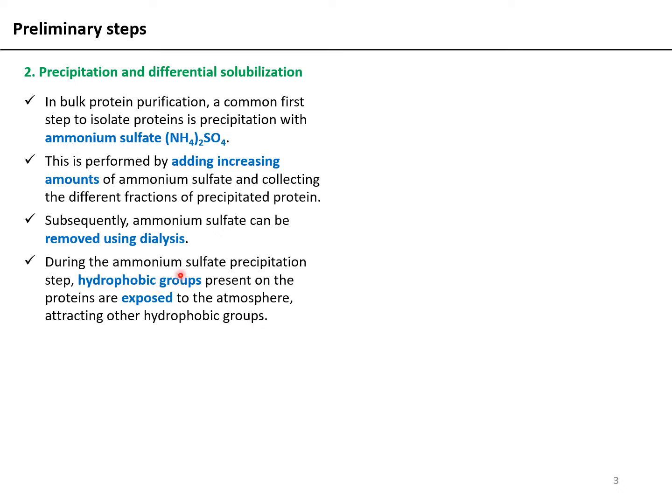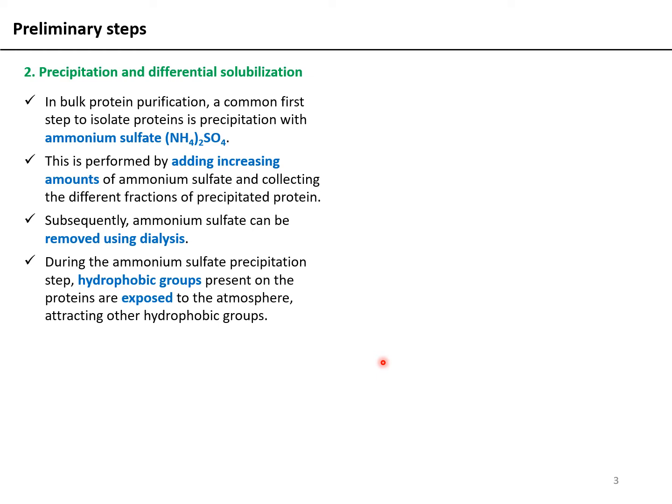Now during the ammonium sulfate precipitation step, hydrophobic groups, that is the water hating or water repelling groups present on the proteins, are exposed to the atmosphere, attracting other hydrophobic groups. Because these hydrophobic groups get exposed, they have a tendency of interacting with other hydrophobic groups. Why? Because they don't want to be exposed to solution.